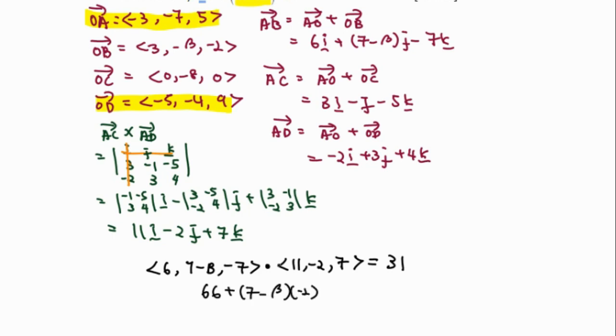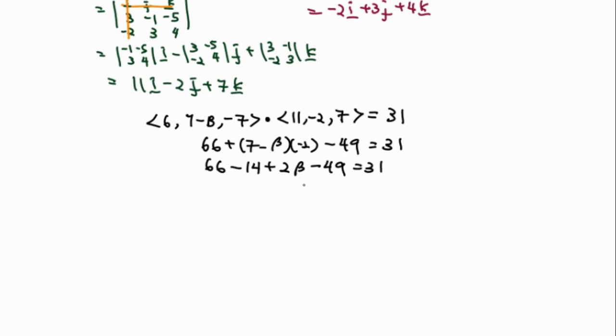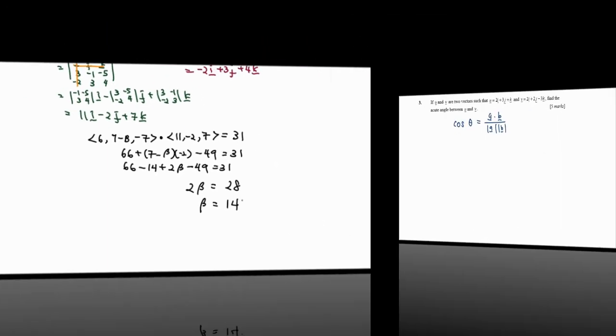And then negative 7 times 7, we get negative 49. So we are going to find out what our beta is here. Therefore, our 2 beta will equal 28. So beta will equal 14.